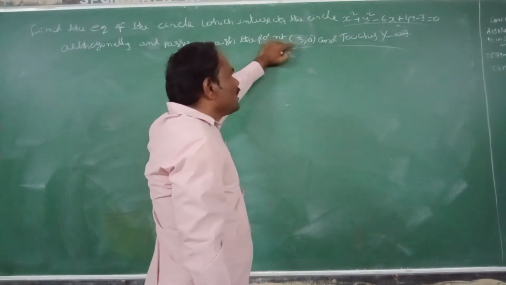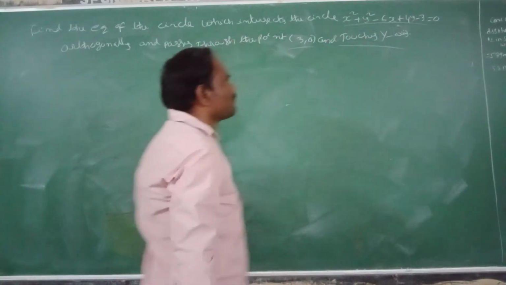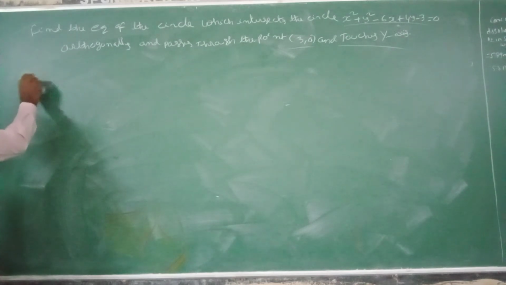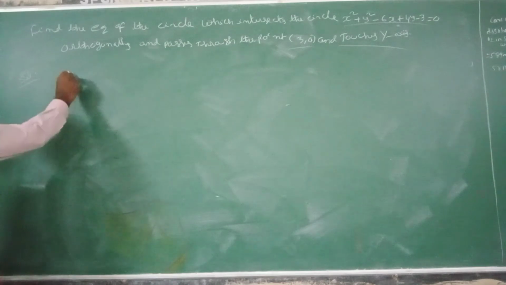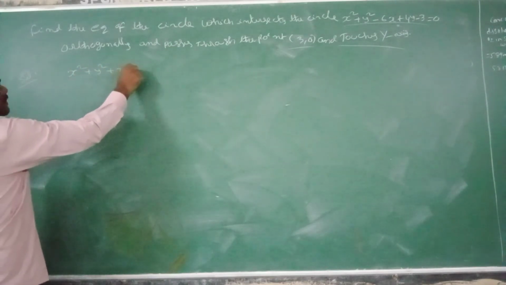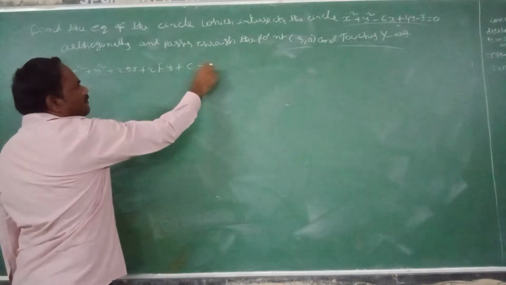One more condition: the required circle touches the y axis. So we take the circle equation in general form, x square plus y square plus 2gx plus 2fy plus c is equal to 0.